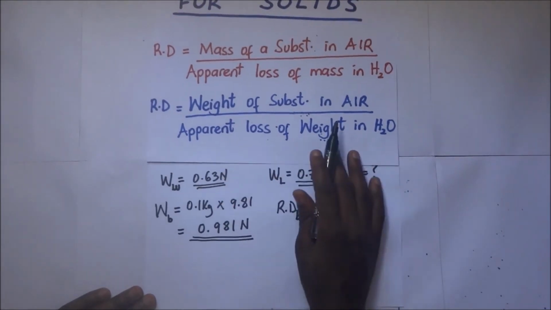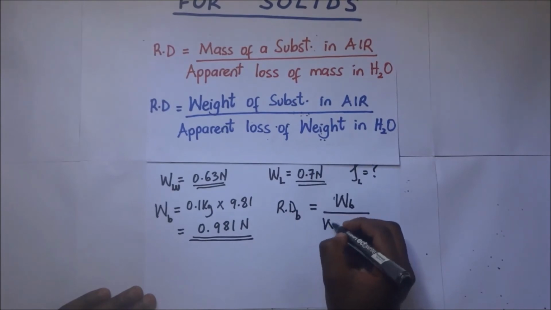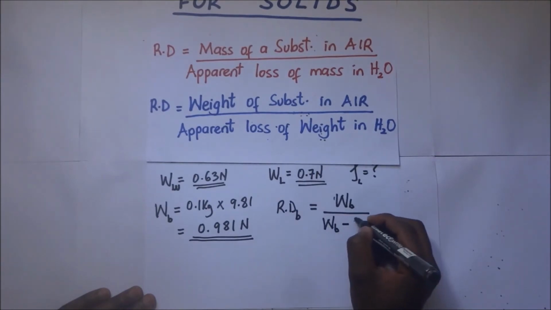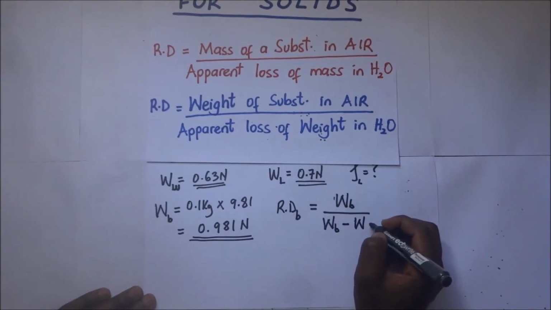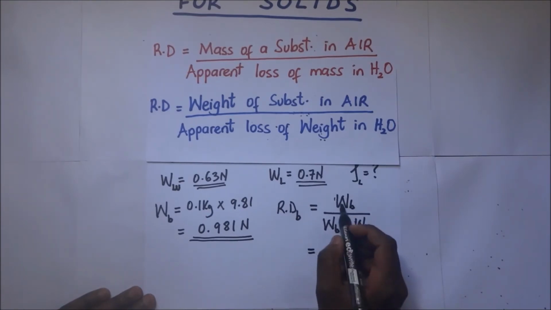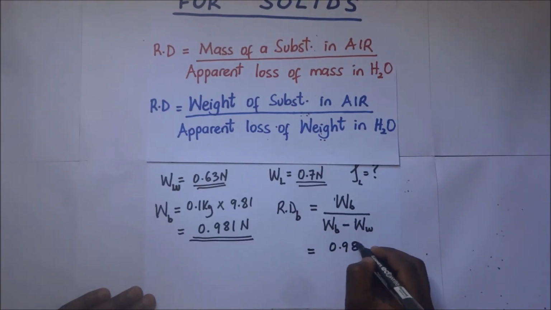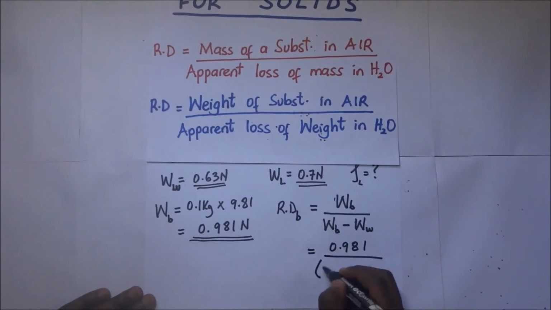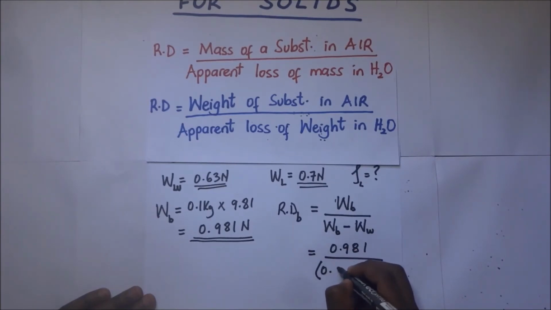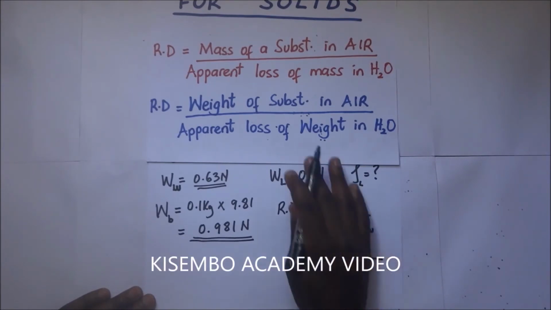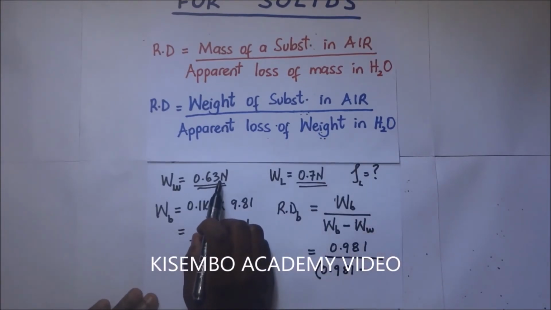The apparent loss of weight in water is the weight of the block minus the weight of that block when it is in water. So the weight of the block, we got it as 0.981, divided by the apparent loss in weight, which is the weight of the block, 0.981, minus its weight in water, which is 0.63.